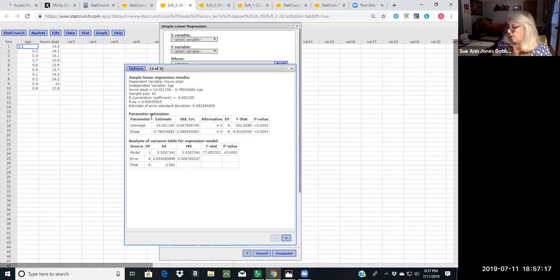I have a linear model with a negative slope. I'm trying to find a piece of paper here to write on. Okay, the linear model is y is equal to negative 0.78 times x plus 14.42.